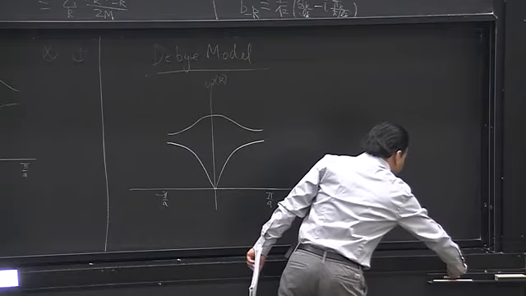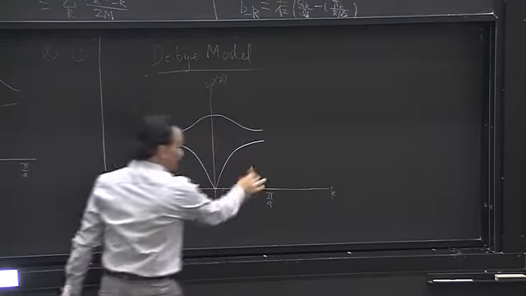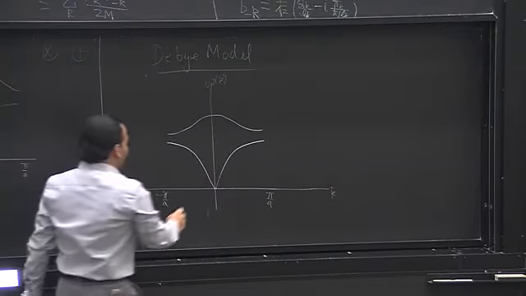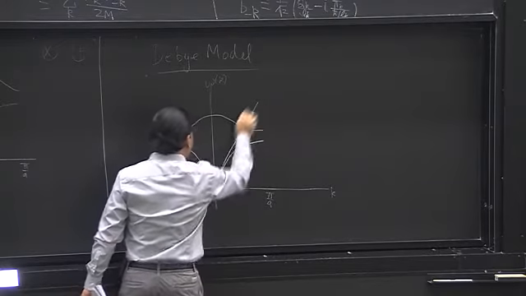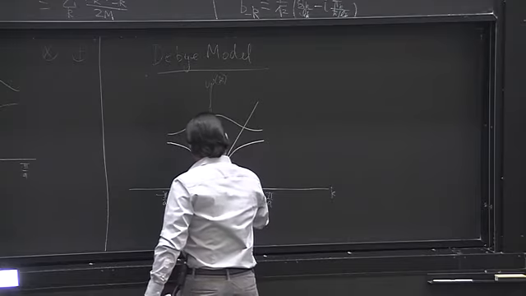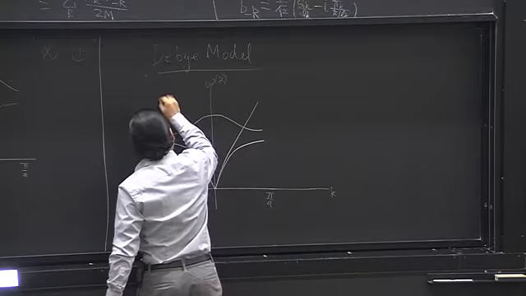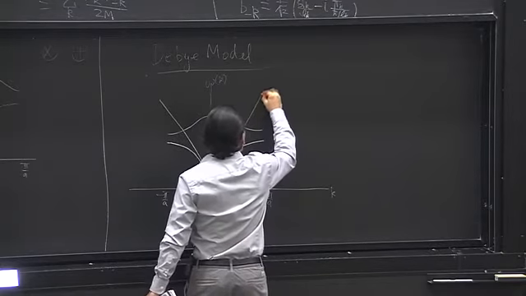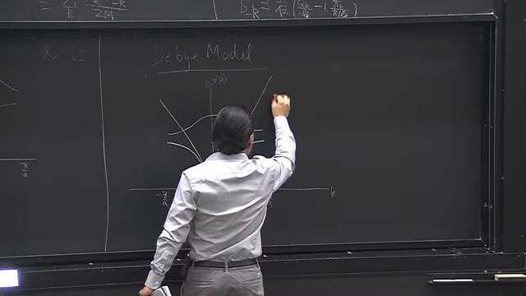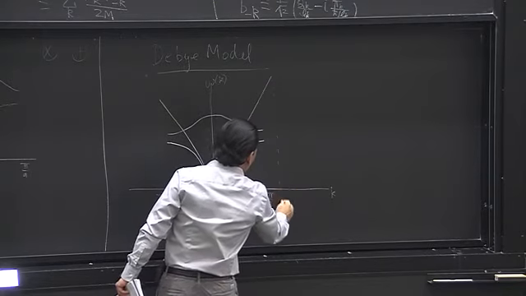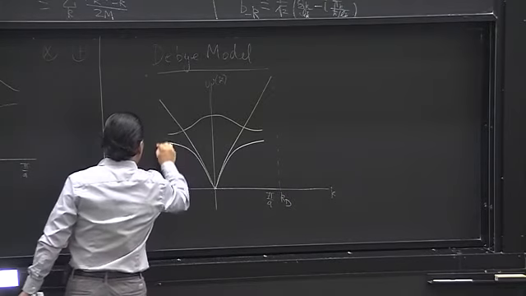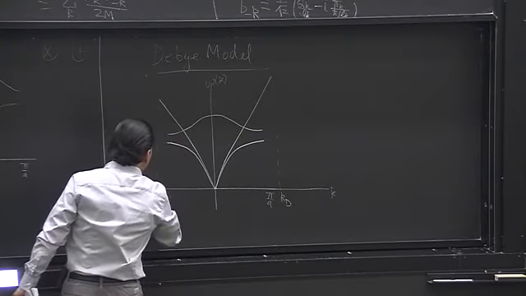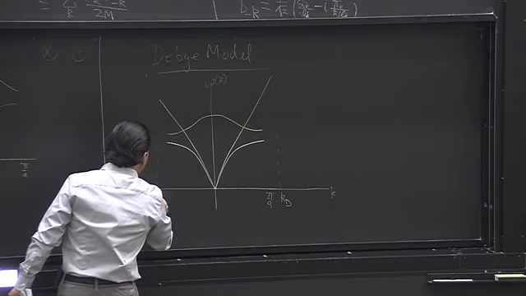What the Debye model says is to replace all this by a straight line like this and a straight line like this. Now you go beyond the first Brillouin zone and you go until a wave vector defined as kD, which is the Debye wave vector.